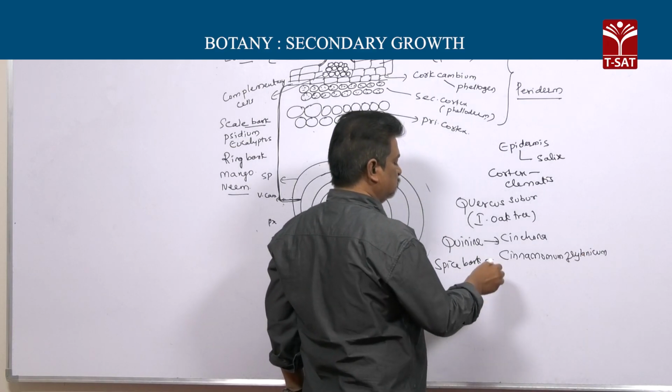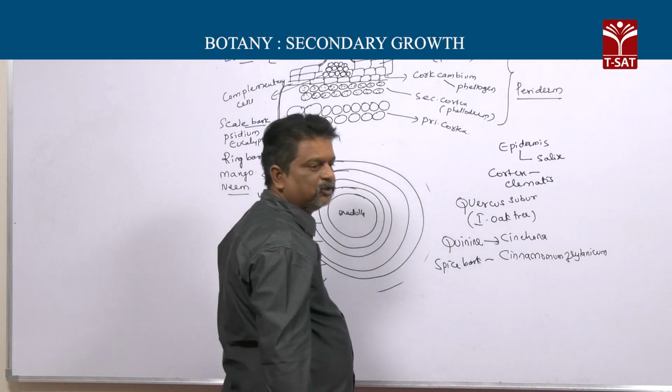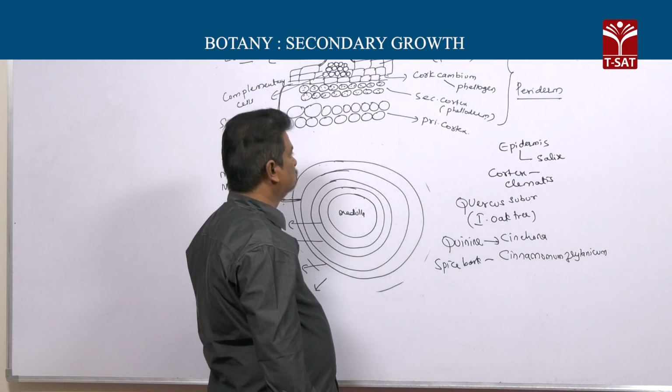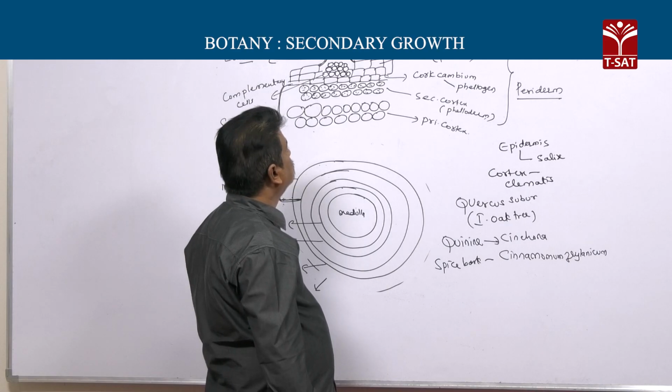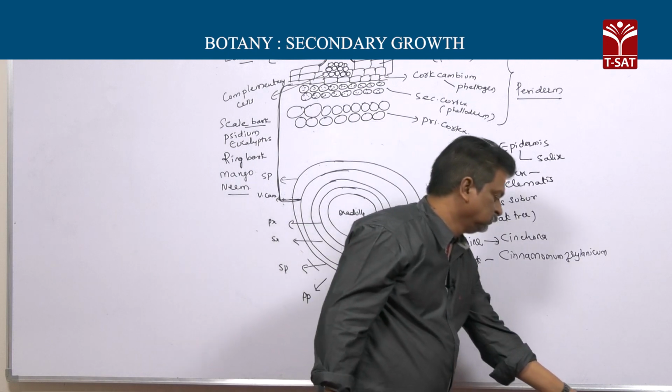Cinnamomum zeylanicum. This spice is called dalchini. That is about extrastellar secondary growth.